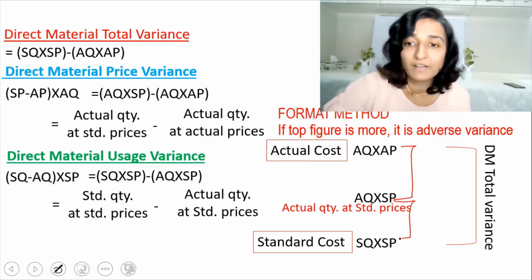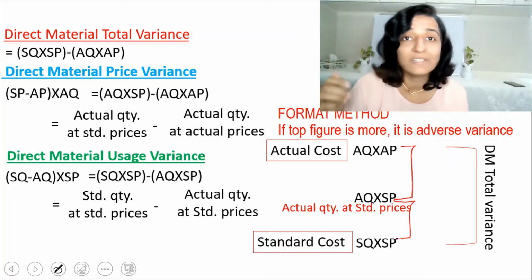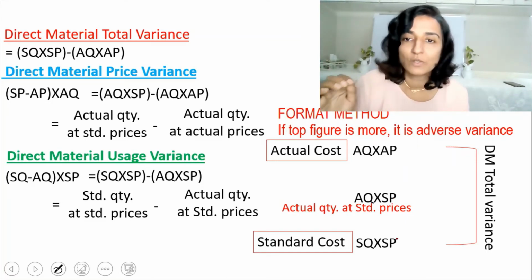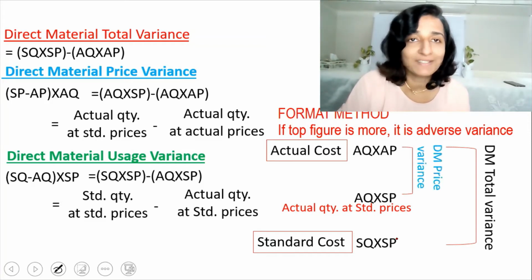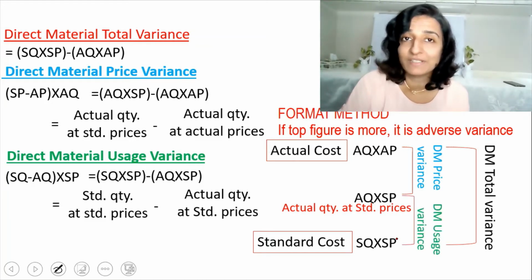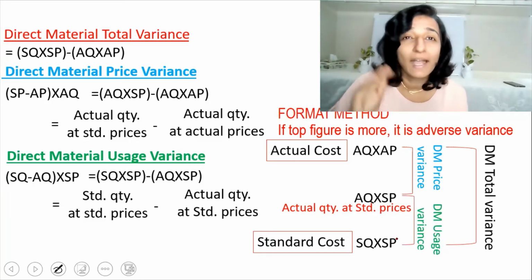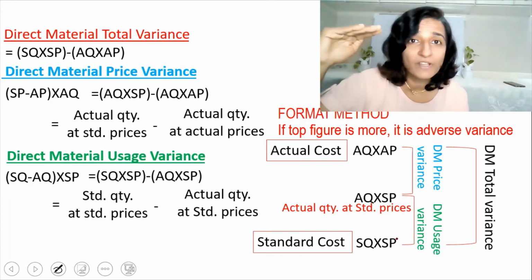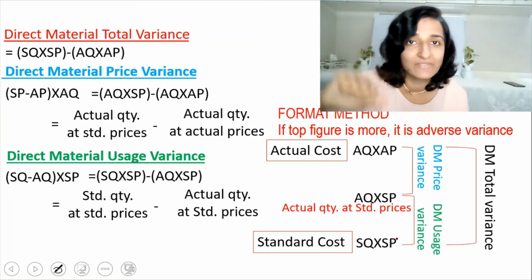And what we have here is the formula for direct material usage variance. So I'm just marking it. So the top portion is the direct material price variance and the bottom portion is the direct material usage variance. And always remember, when the top figure is more, it is an adverse variance.